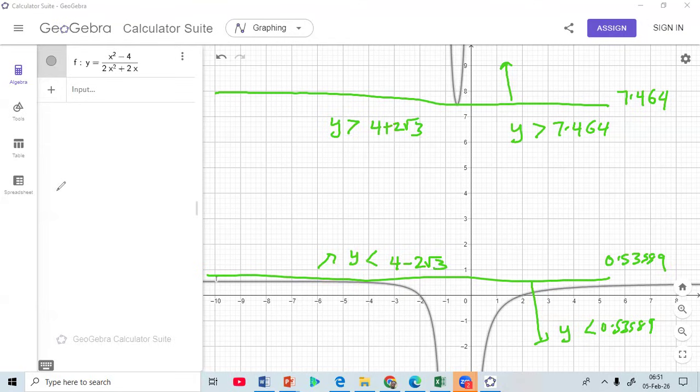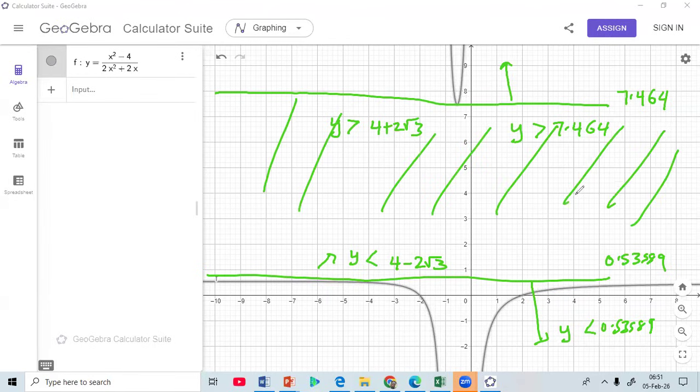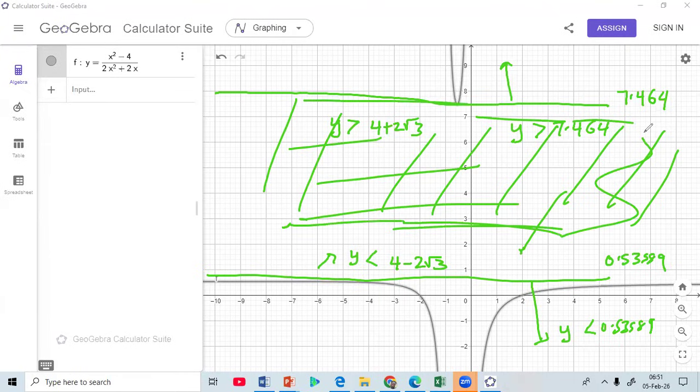That is the range. Now, in case members are asking which region, the region where your curve doesn't lie, it is this region here that excludes the range. So in case the question is asking the region of restriction, the region where your curve doesn't lie, it is this region.